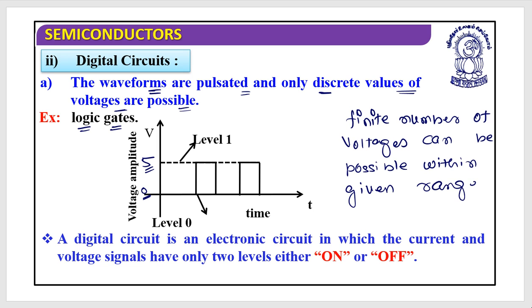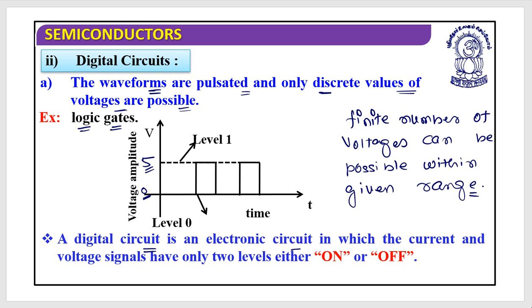In the case of analog circuits, an infinite number of voltages can be considered, and when we talk about digital circuits, only a finite number of voltages are possible. So when we say digital, only a finite number of samples could be there. For analog, an infinite number could be there.